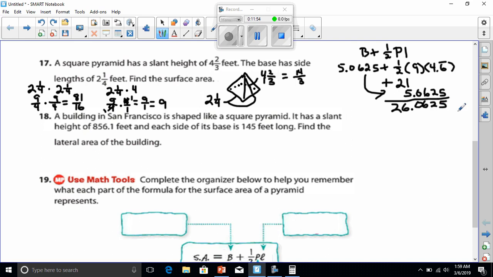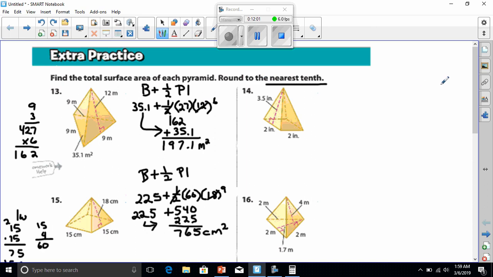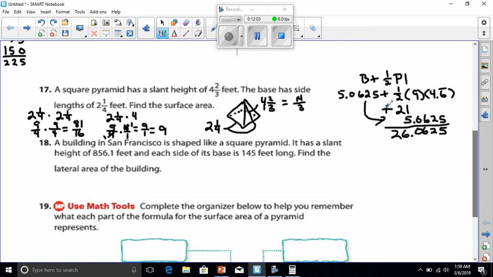And remember, we're rounding everything to the nearest tenth, according to this paper. I see that this 6 is bigger than 5, so that means this is really going to be 26.1. And since we were talking about feet, this would be 26.1 feet squared.